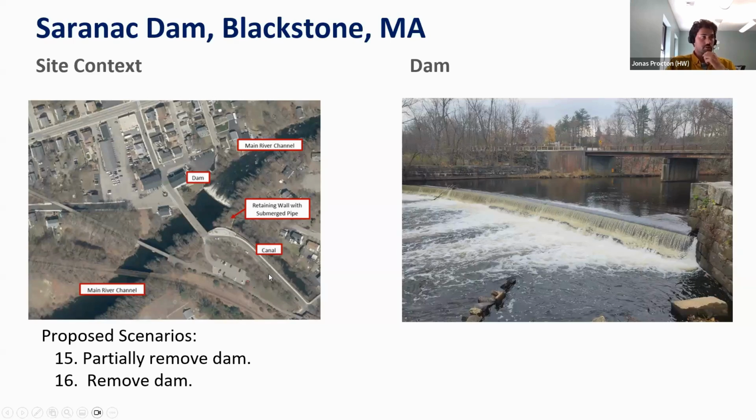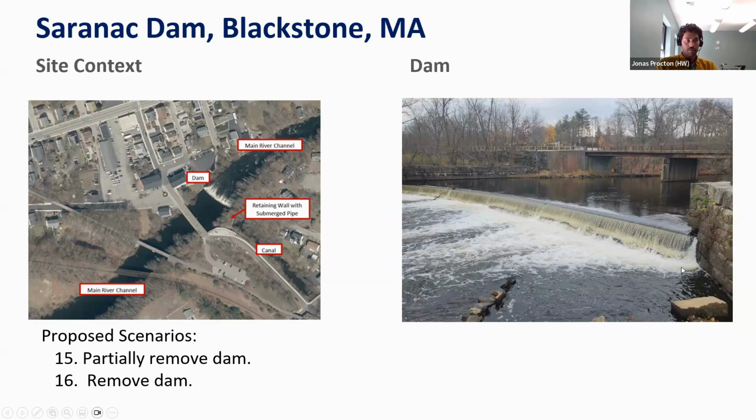We looked at two scenarios with this one, a partial removal and a full removal. This dam is really the only one we have looked at a partial removal scenario for. The reason for that is that there's a little bit more of a historical connection between this one and local Blackstone folks.